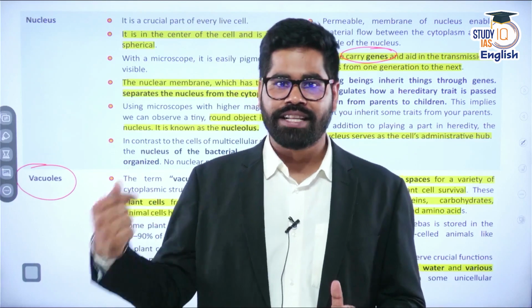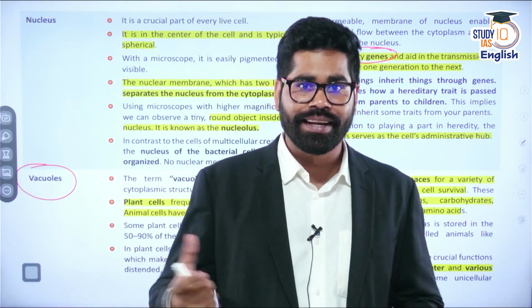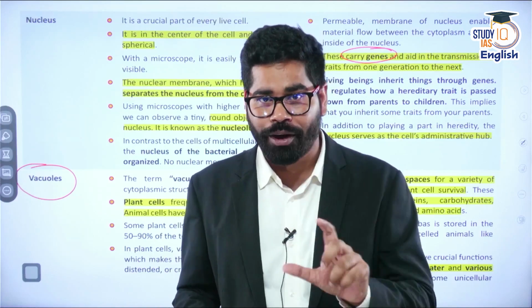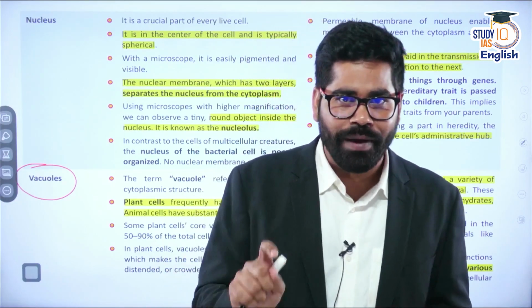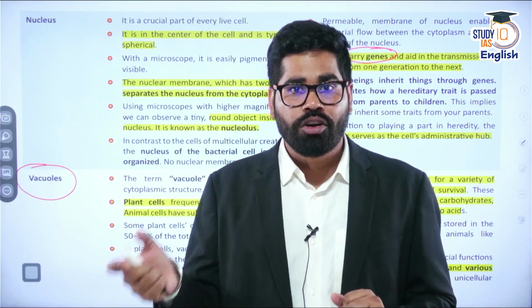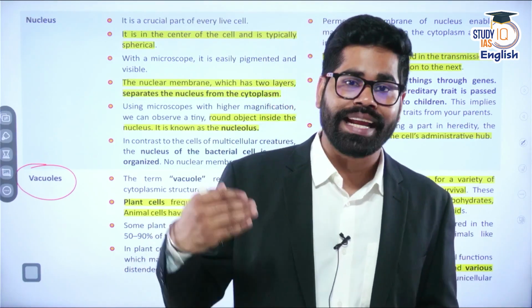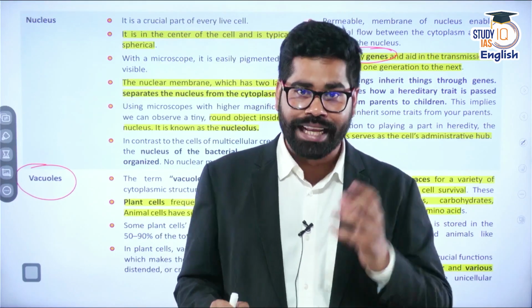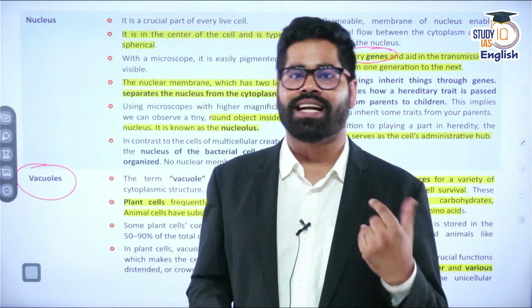In many plant cells, you will find one single large vacuole. It is very important to know that one vacuole can occupy around 50 to 70 or 80% of the entire space of the cell. So they can be very large structures inside the cell.